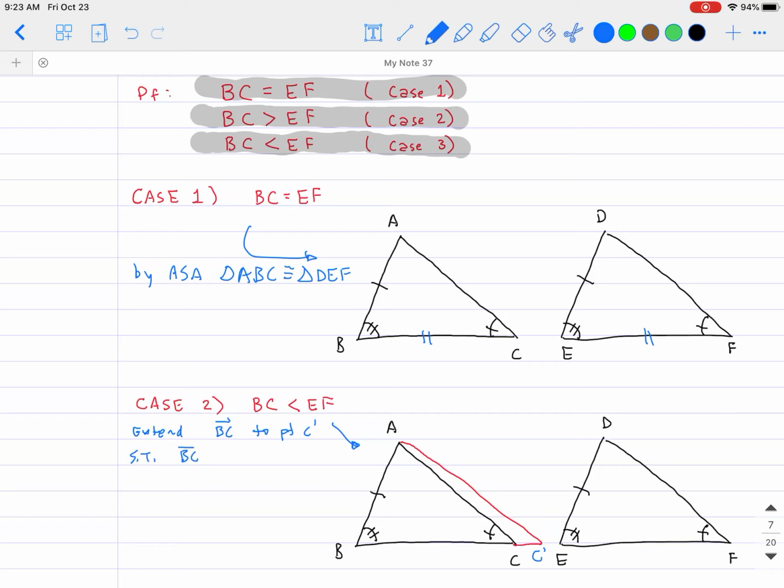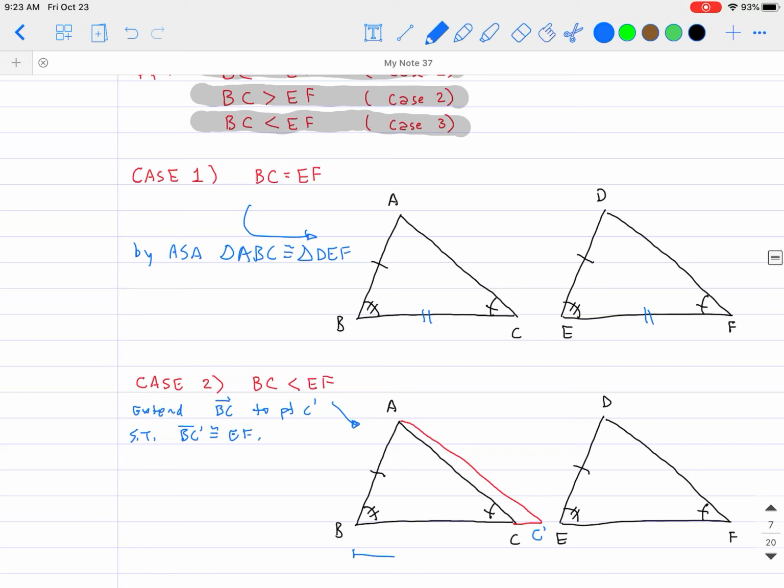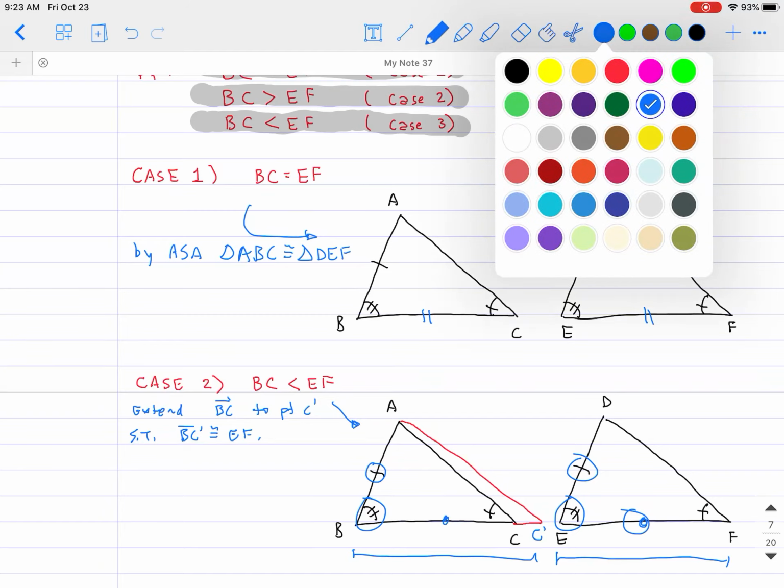So extend BC to point C prime such that BC prime is going to be congruent to EF. So this is going to be my point plotting postulate or theorem. Okay, so if I've extended it that far, then the two triangles ABC prime and DEF are going to be congruent to each other.